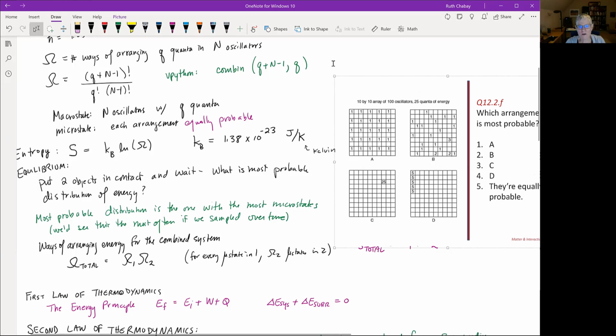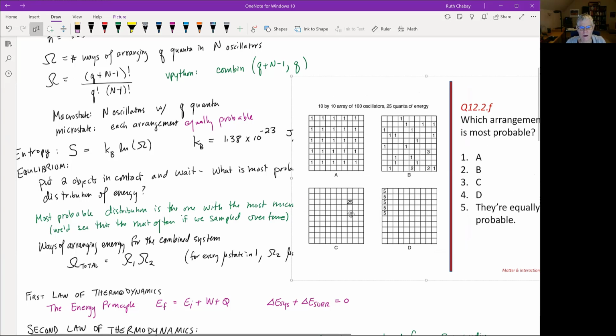And the thing to note is that, first of all, it turned out all these arrangements are equally probable because each one is just one way of arranging energy. The thing to think about is that each of these things is actually incredibly improbable because there are so many, many, many different ways of arranging 25 quanta of energy among 100 oscillators that the probability that if you took a photo of this system that you'd find any of these is actually very small.